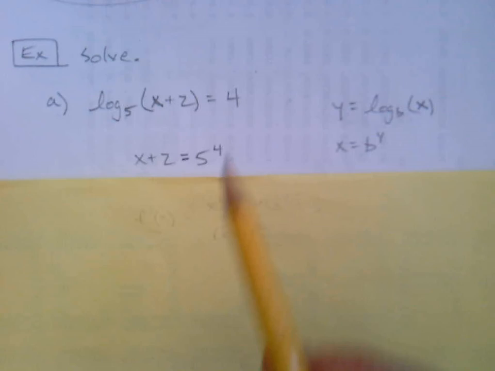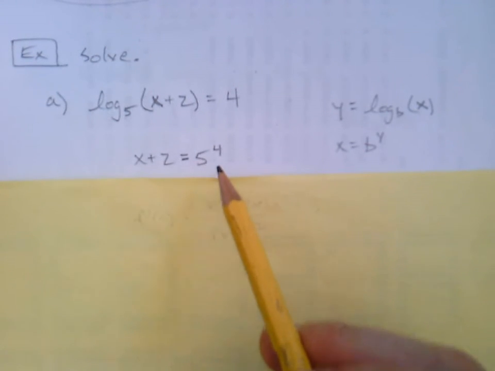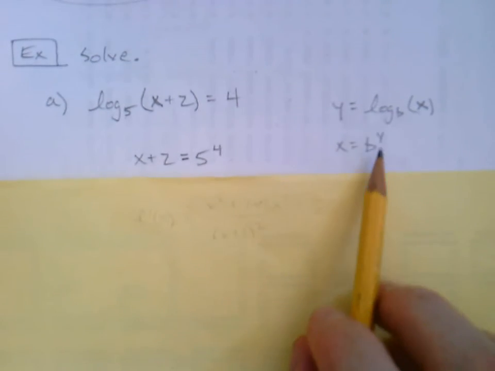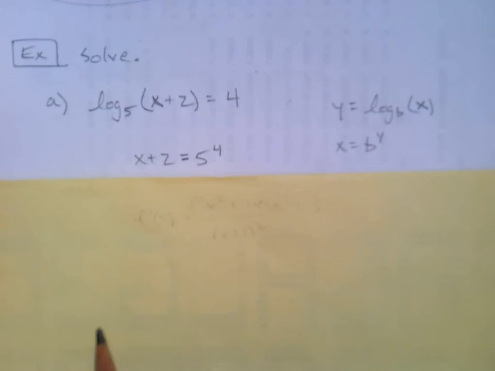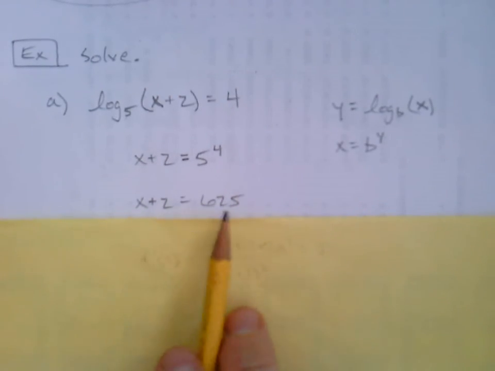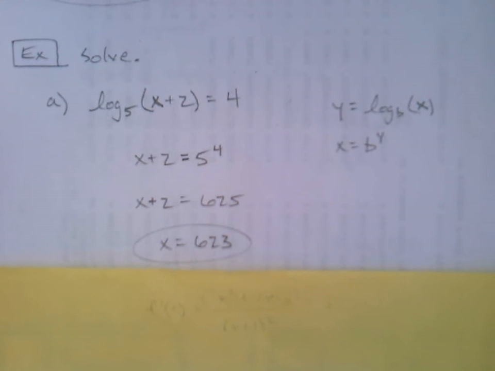Okay, so I'm rewriting it in the exponential form. I mean, that's what we're doing this whole section, just using that rewrite. And once we get to here, hey, we're pretty much home free. Let's calculate 5 to the 4th. I think we saw that a couple problems back. It's 625, and we subtract 2, and there's our solution. X equals 623.